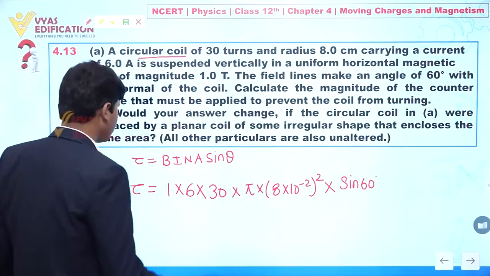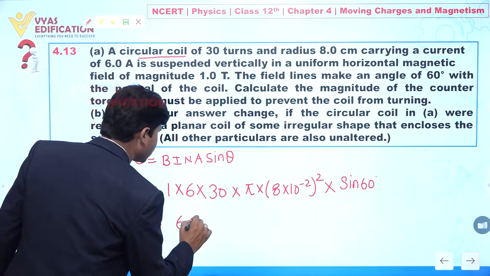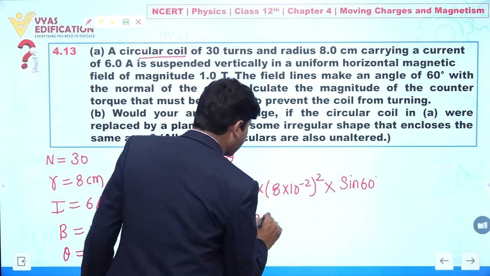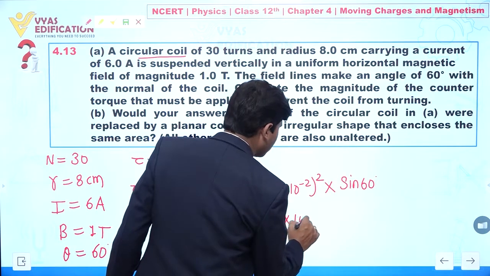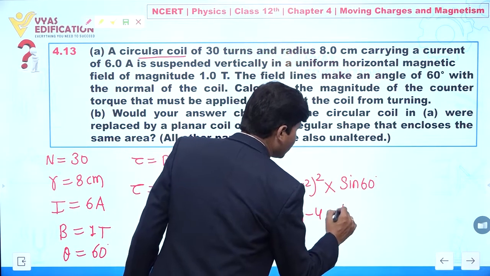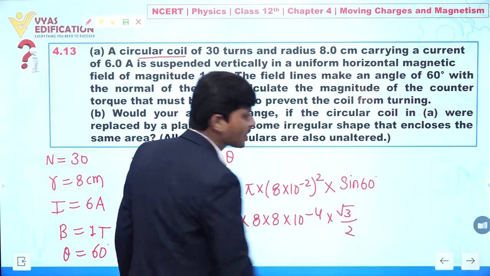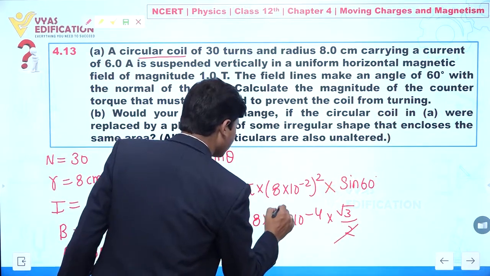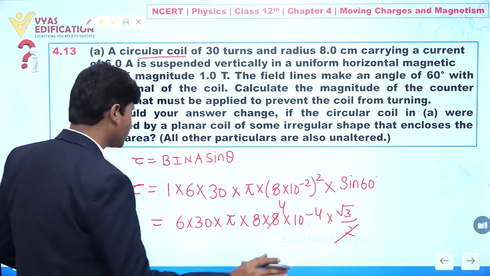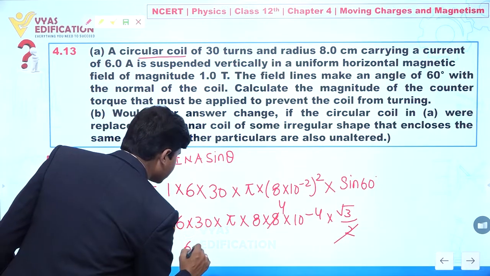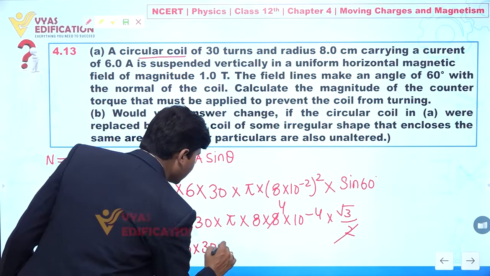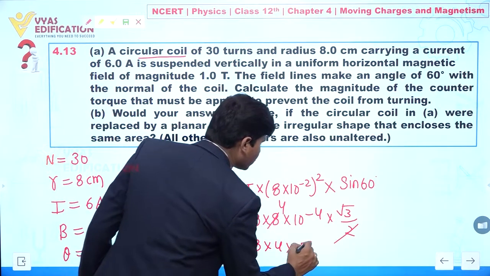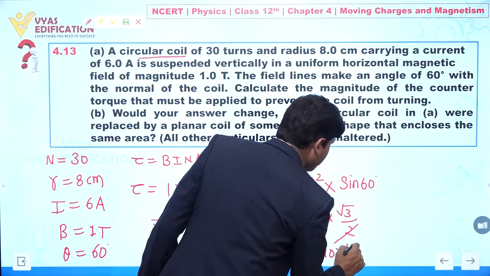So this equals 6 into 30 into pi into 8 into 8 into 10 to the power minus 4 into root 3 by 2. First we simplify everything: 6 into 30 into pi into 8 into 4 into root 3 into 10 to the power minus 4.